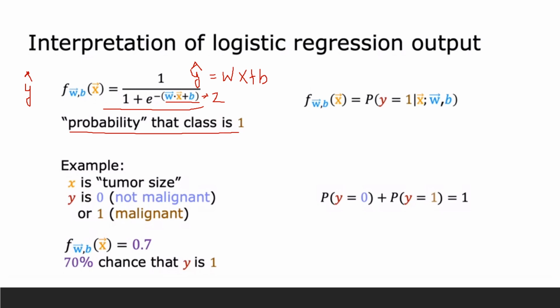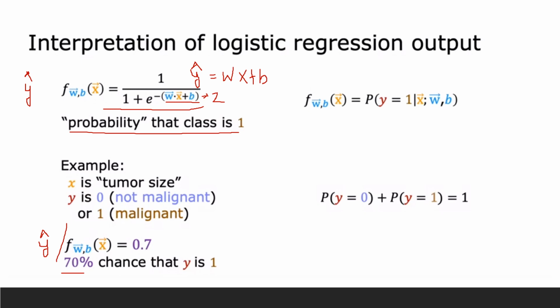For example, if x is the tumor size and y is 0, then the tumor is non-malignant, and if y is 1, then it is malignant. So this y hat determines the chance that y is 1 is 0.7. That means there is a 70% chance that the tumor is malignant. And we know that the sum of probabilities is equal to 1.